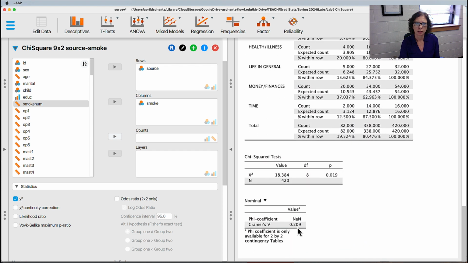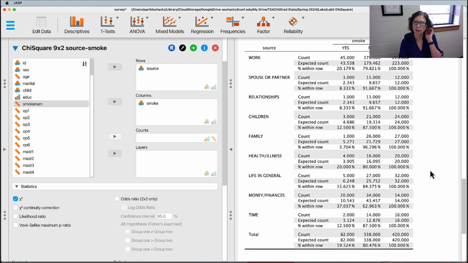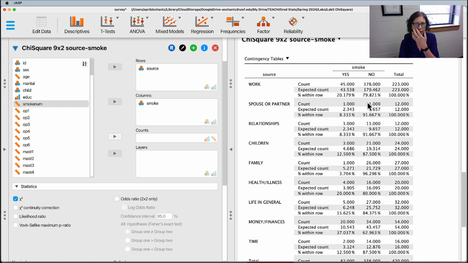We got our effect size, we got our stats, and we got information that we can use for conveying information to the reader. And this is a lot of information, right? With 9 levels to the categorical variable. So that's why I was suggesting you might want to make a table, either with your descriptives for source of stress, or even if you wanted to make a table somewhat like this.